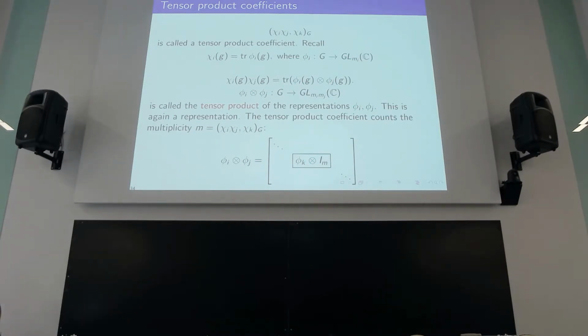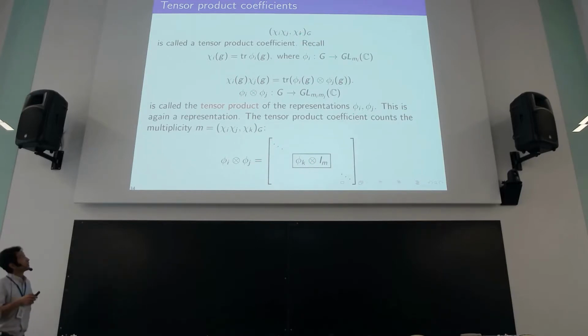This is called the tensor product representation, and the trace of that representation is just the product of each of the traces. So this is why chi I times chi J is the tensor product of characters.